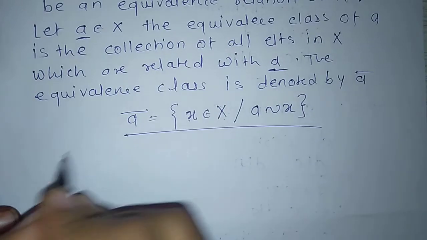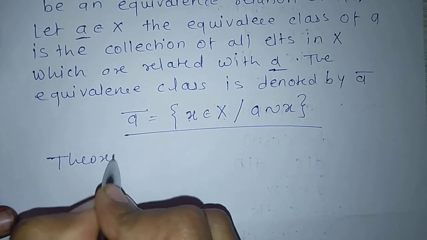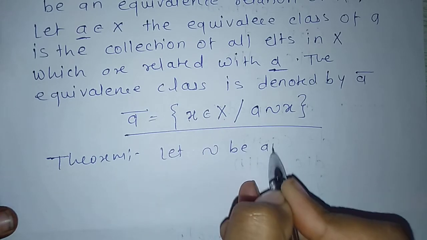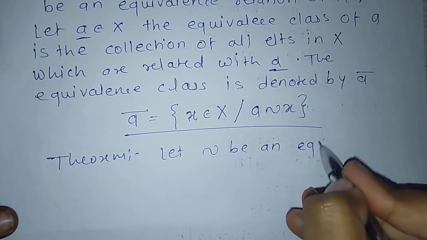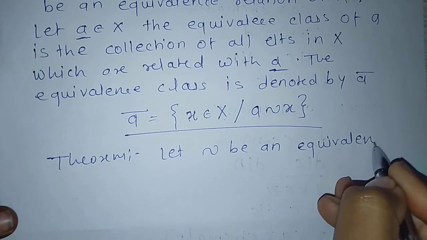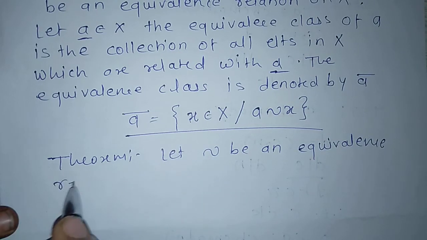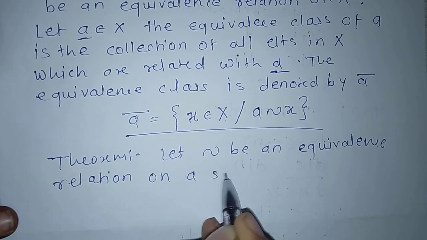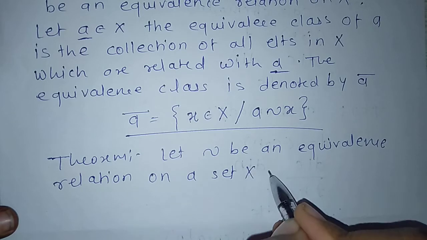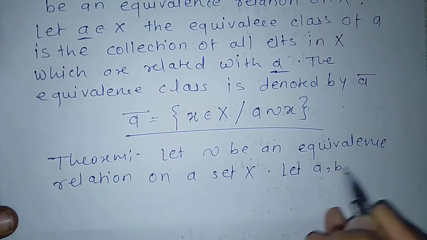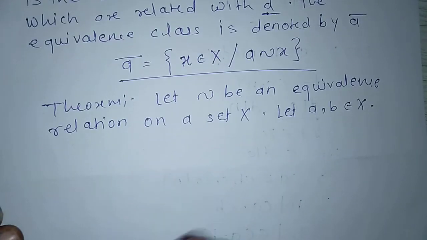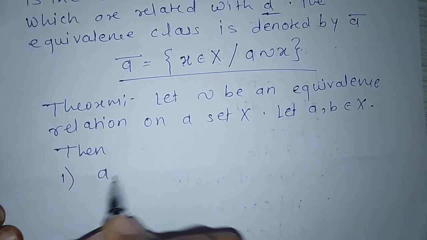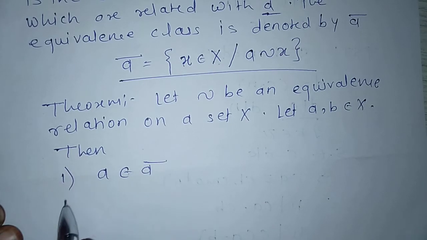Next theorem: let tilde be an equivalence relation on a set X. Let a, b belong to X. Then, first, a belongs to a bar.